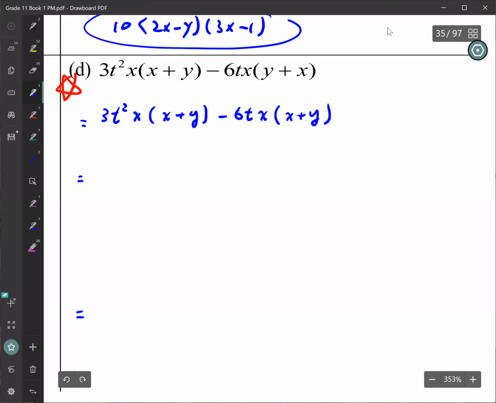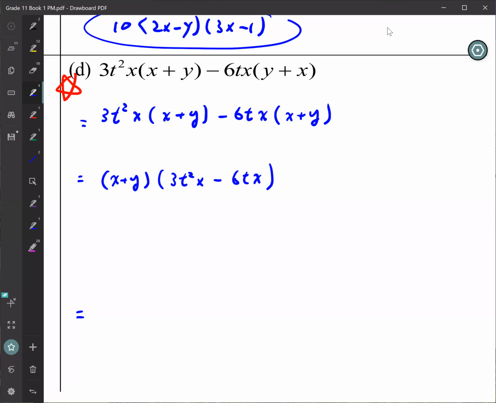Okay, so we take the GCF out, and then you put together 3t squared x minus 6tx. Okay, are we done? No. So basically you can factor the 3t squared x minus 6tx.